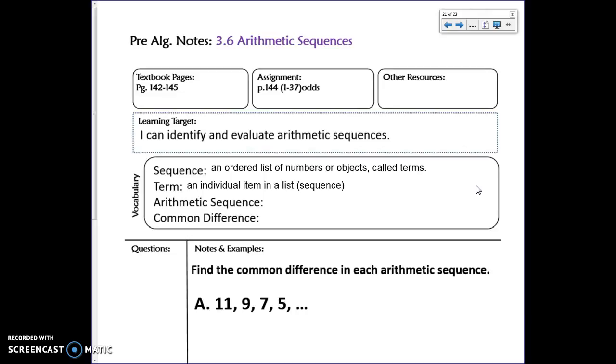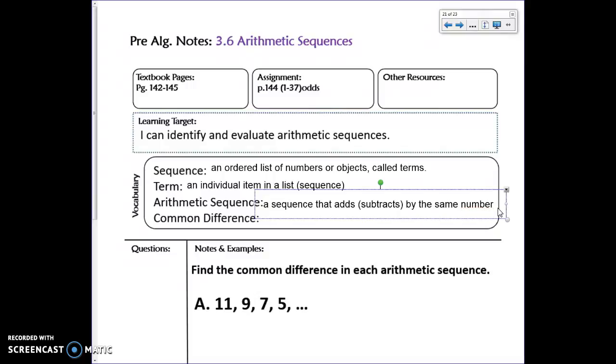Now an arithmetic sequence is a sequence that adds or subtracts by the same number.